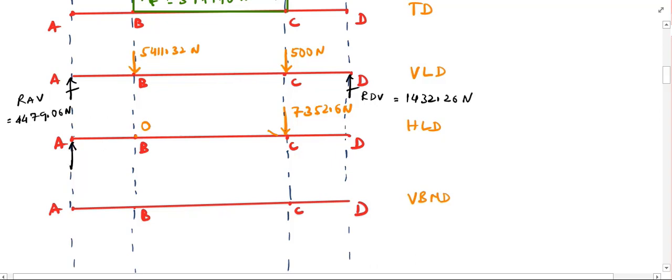Similarly, on the HLD, RAH, reaction at A, is equal to 2205.78 newtons, and the reaction RDH is equal to 5646.82 newtons.